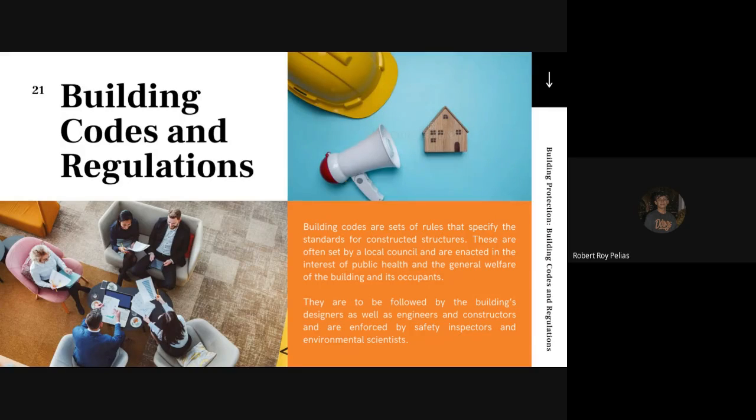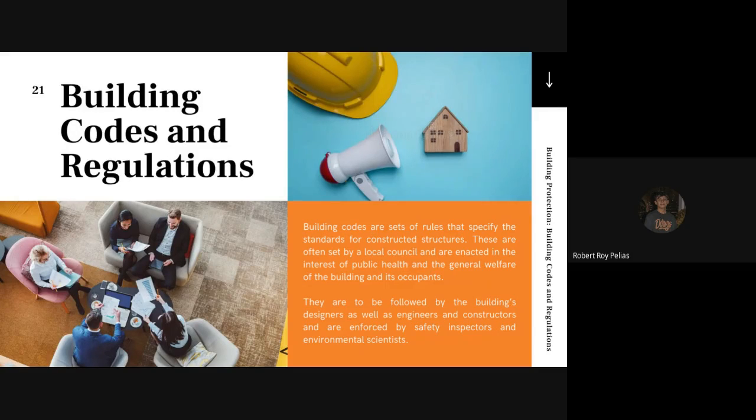It's not usually used here in the Philippines, but it's used mostly in the United States. The main purpose of this code is to establish minimum requirements to safeguard public safety, health, and general welfare through affordability. So in case the money comes up short, the code will help.